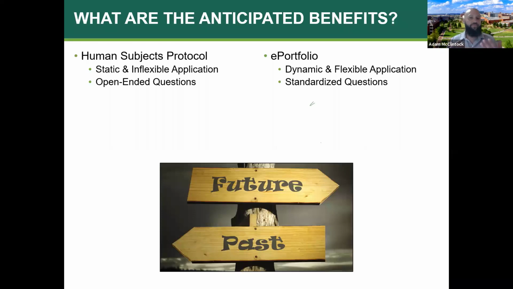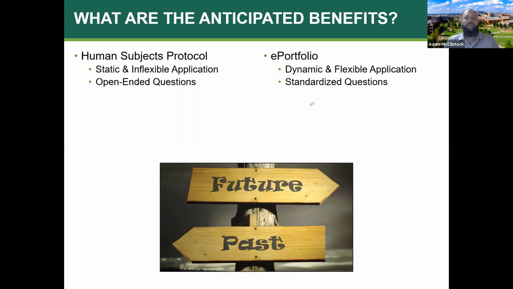So a lot of drop downs, check boxes, radio buttons, things that have a finite set of responses to the extent possible, and then reserve the open-ended questions, the free text boxes, things like that, for those responses that are really very study by study, such as the risk-benefit ratio, things of that nature.